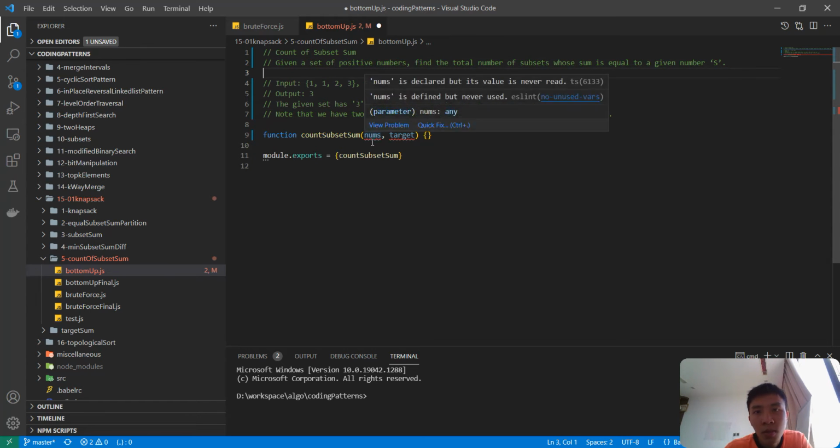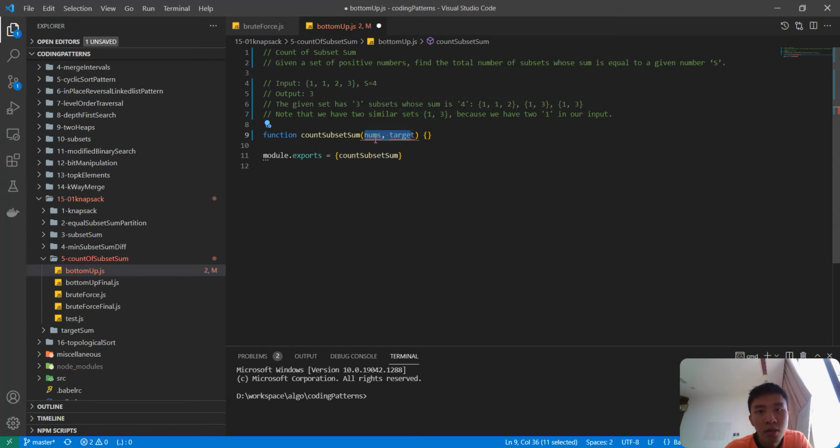So we have two arguments: numbers is a list of positive numbers, and the target is a given number s here. We need to count the subsets that sum up to s.